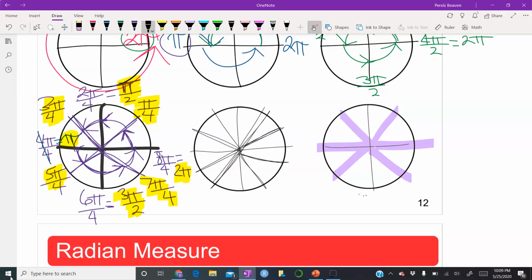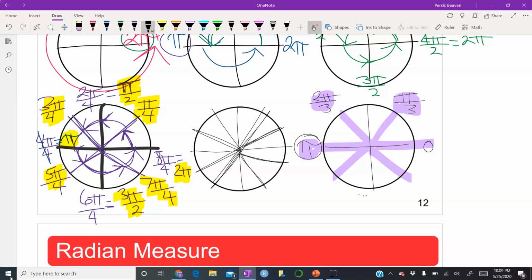So what I'm going to do is start here by considering this to be 0, and I'm going to call this one pi. We already know that. And I'm going to call this one pi over 3 because it is a third of half of a circle, which happens to be pi. So if we go in that same fashion, the measurement here is going to be 2 pi over 3.